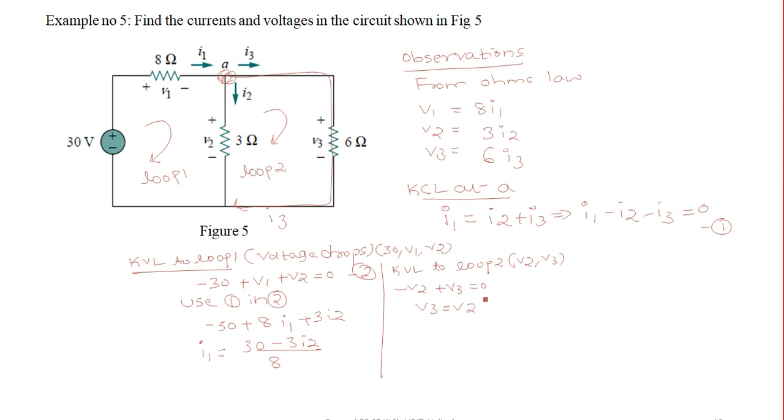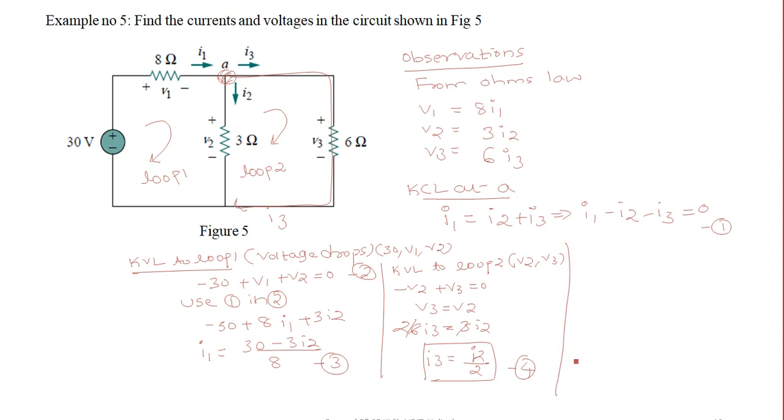And again, using the definitions, V3 is 6I3 and V2 is 3I2. So you can define I3 as I2 divided by 2. Let me call this equation 3 and this one equation 4.